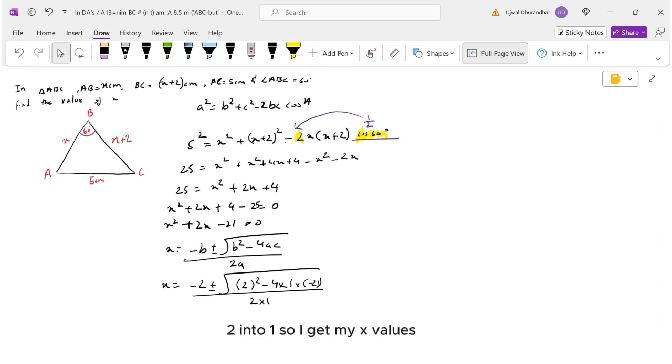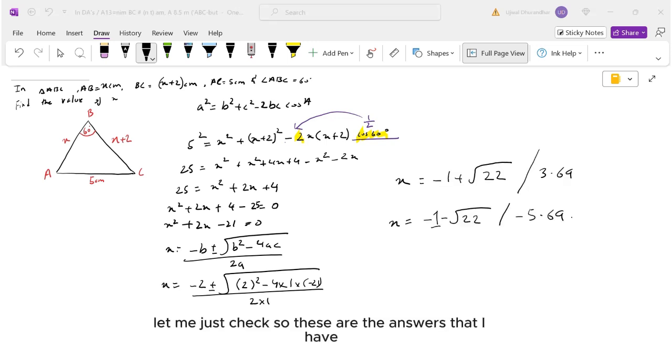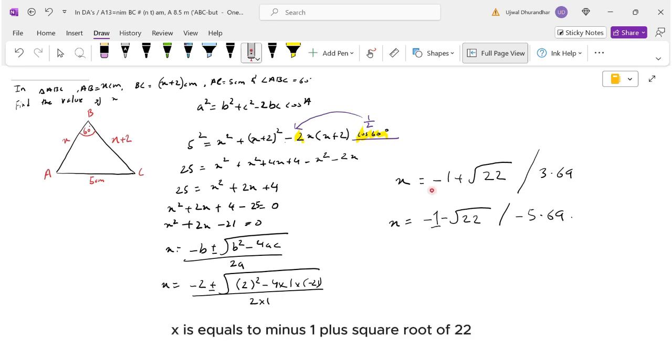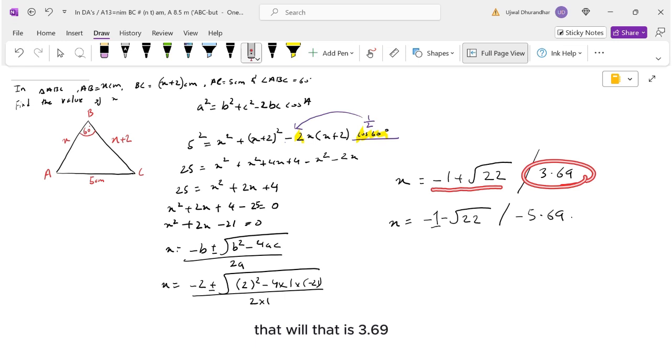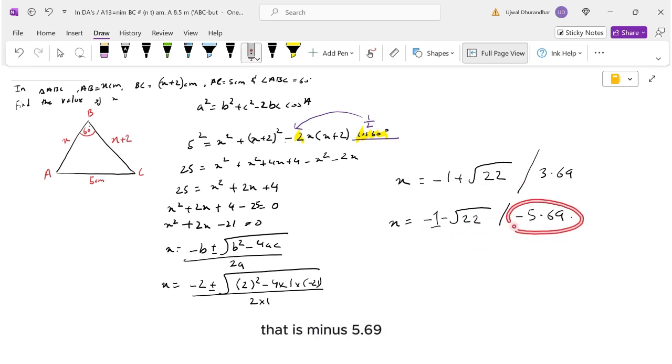So I get my x values. Let me just check. So these are the answers that I have. x is equal to minus 1 plus square root of 22, that is 3.69, and x is equal to minus 1 minus square root of 22, that is minus 5.69.